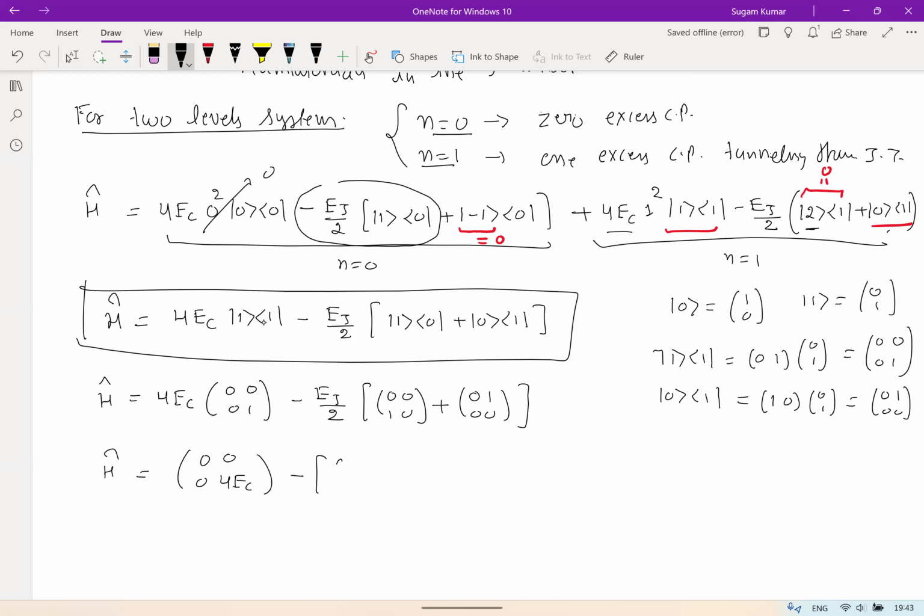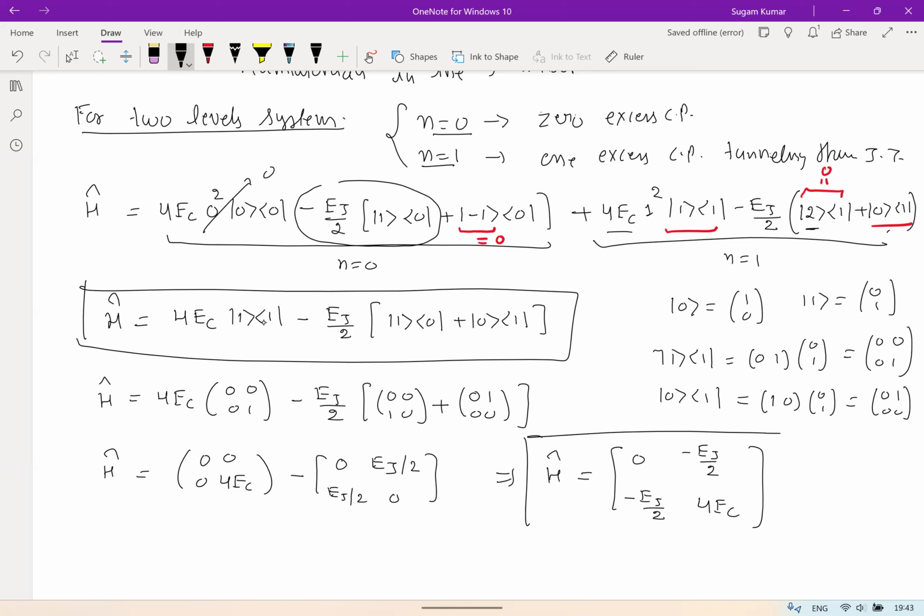So this is going to become 0 and EJ by 2 and also EJ by 2 and 0. And from there, this H cap simply becomes 0 and minus EJ by 2 and minus EJ by 2 and 4 times EC. So look at this, this is the matrix you are getting for an isolated box.